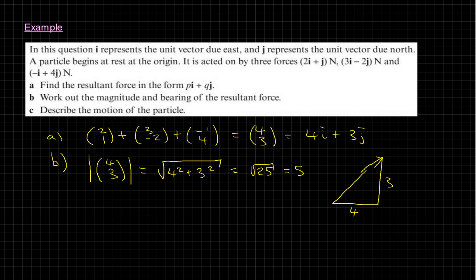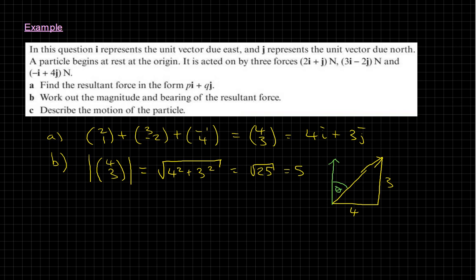In the case of a bearing, what we're going to have to do is find the angle as compared to north. So you're going to have to draw yourself the north line and then say, well, that's the thing I'm interested in, that theta there.